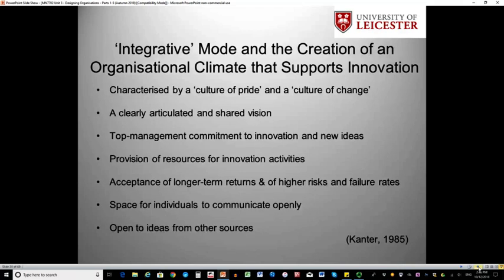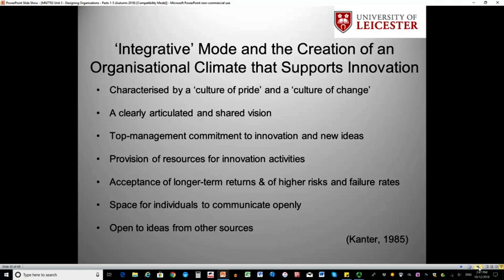In contrast to this, Cantor talks about some of the different features of the integrative mode in relation to the organisational climate, and she mentions a number of aspects that she feels support innovation. So, for example, the organisational climate is one that's characterised by a culture of pride and a culture of change, so encouraging of innovation. One that is clearly articulated through a shared vision.